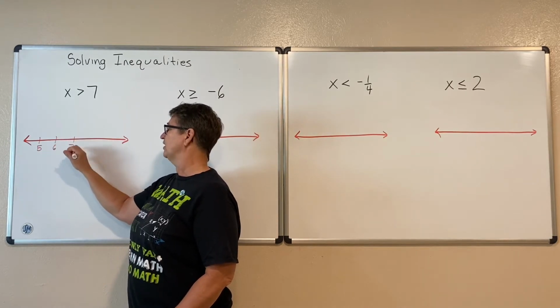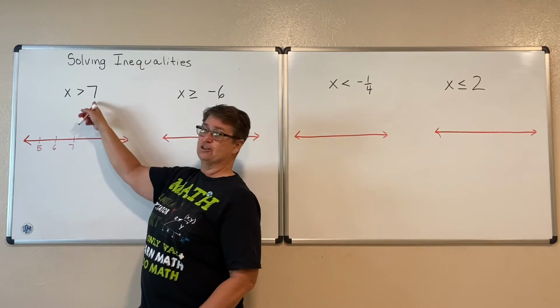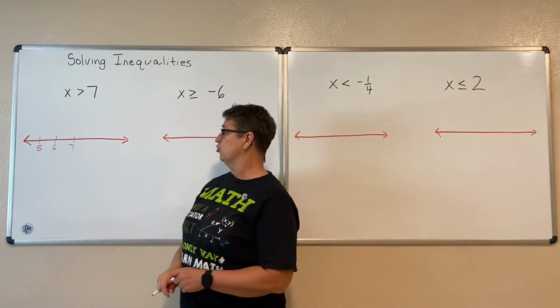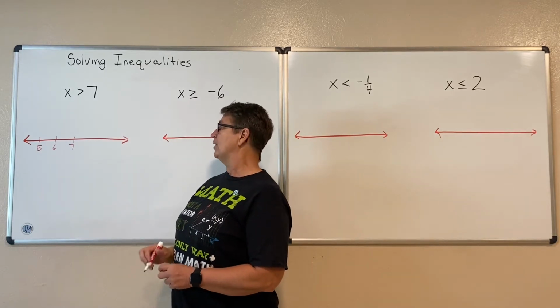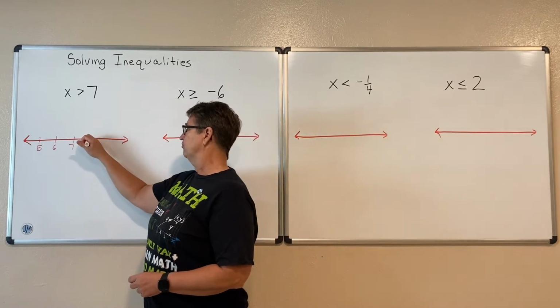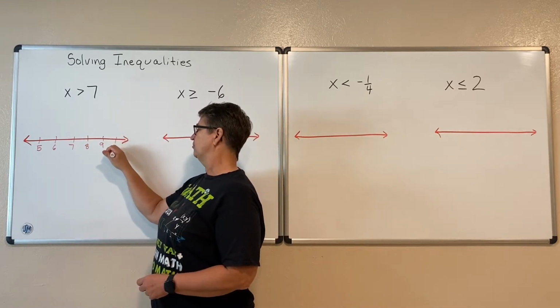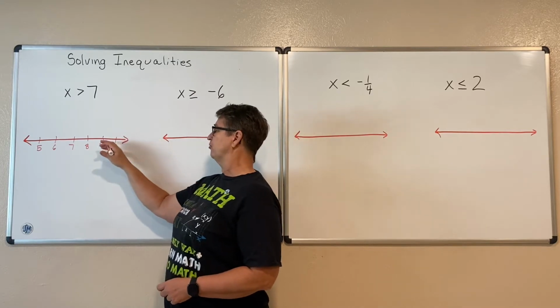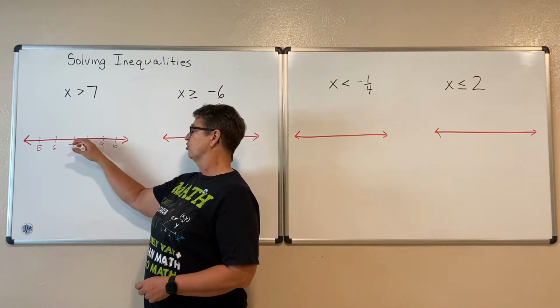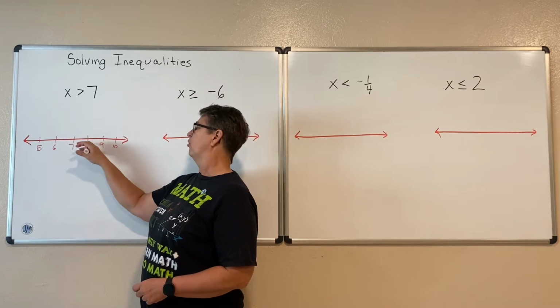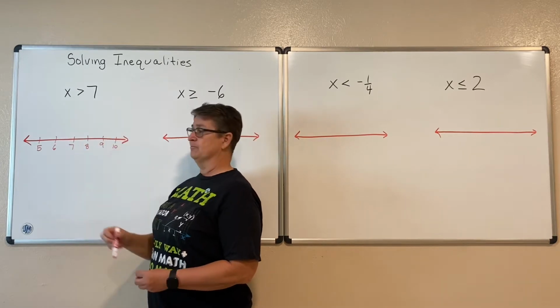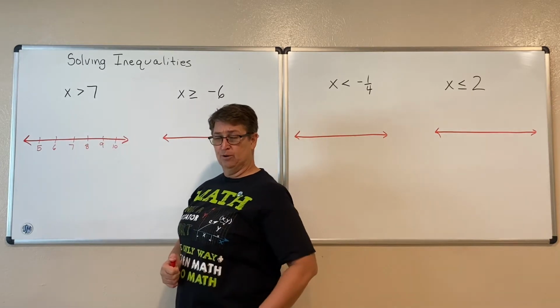The important one is 7, because that's what's in our inequality here. And we know that our x value could be 8, it could be 9, it could be 10, but it could also be 9 1/2, or 7 1/4, or 8 1/8. So it could be any of those numbers.